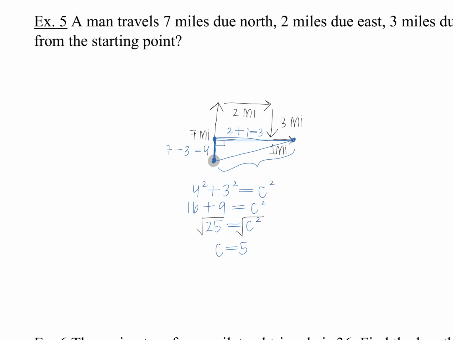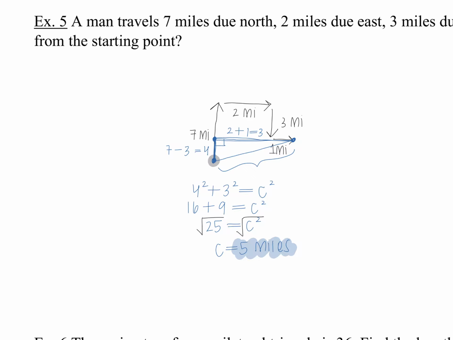So how far did he travel? We've got 5 miles as my answer. Since this one does have units to go with it, we're not going to use the term units. We are going to use what they are actually measuring in, which is miles.